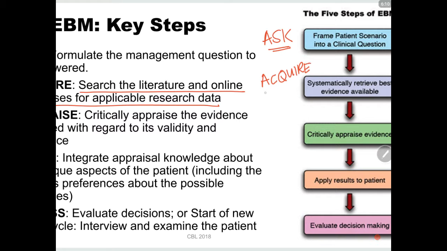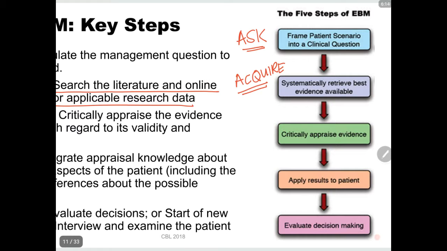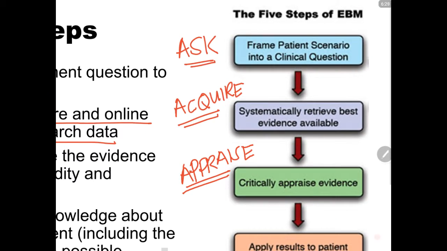There is a separate discussion on how to find evidence, how to acquire. For now, let's jump to the third step, which is appraise. Mind you, not everything on the internet and not everything that is published online, not everything that is published in the journal are all valid evidence.